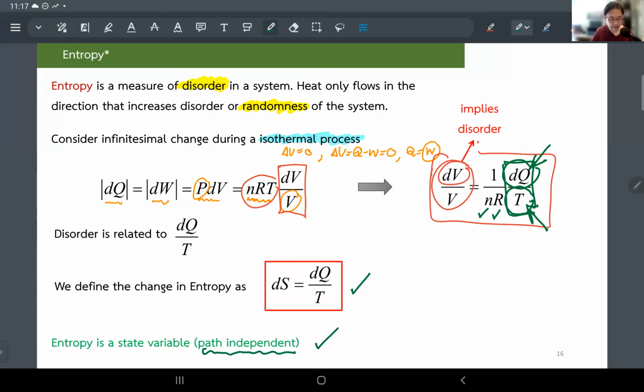We love it, because every time you have a path independent variable or quantity, that means you don't need to care about the path at all. Just like energy, you give me the starting position and final position, you're done. Same thing with this. You just give me the initial state and final state, and I can tell you what the entropy is going to change right away. So that's good.